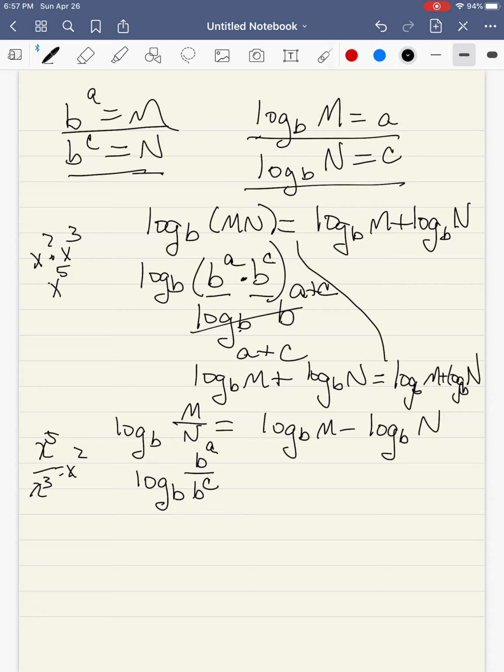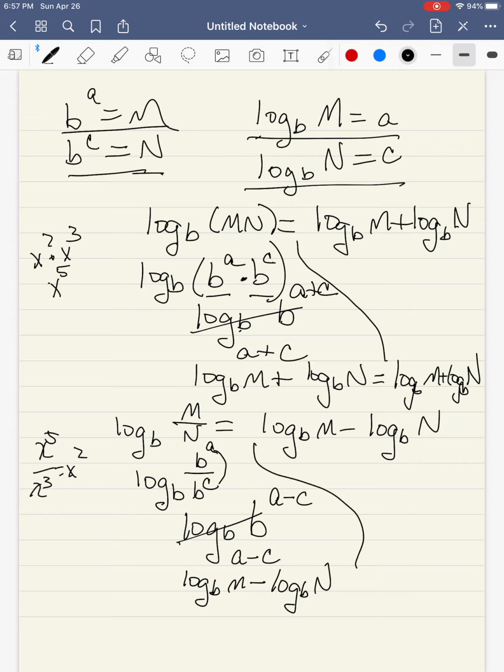So these are like bases, so we can rewrite this as log base B of B, subtract the exponent, so A minus C. But again, what happens to the log base B and the B? They cancel out. So we have A minus C left over. And back up to the top, A is equal to log base B of M minus C is log base B of N, which is exactly what we were supposed to show. So that's the quotient rule.